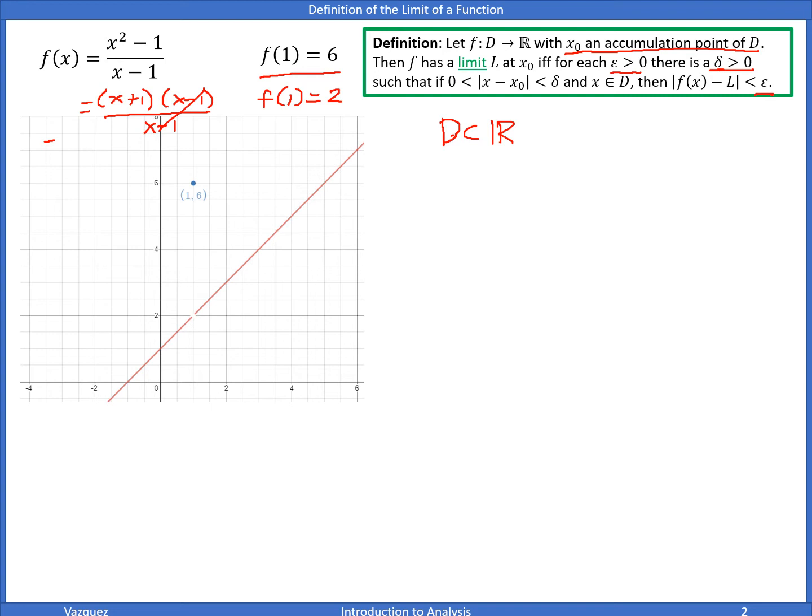But such that if x is in our neighborhood, then f of x should be an element of the epsilon neighborhood. If this, then this.